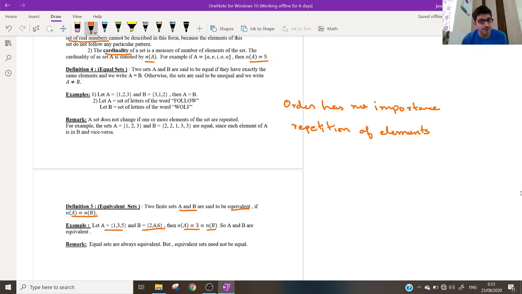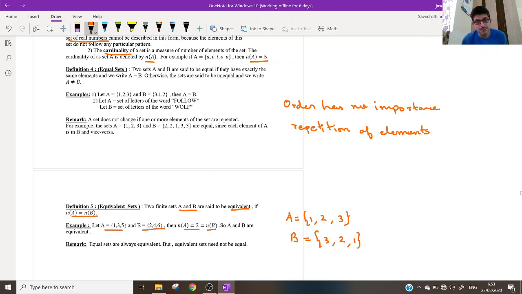So here, whenever we take equal sets, they are always equivalent, but equivalent sets need not be equal. So these two are equivalent but not equal. If you take any two equal sets, for example {1, 2, 3}, it is always equivalent. So equal sets are always equivalent.